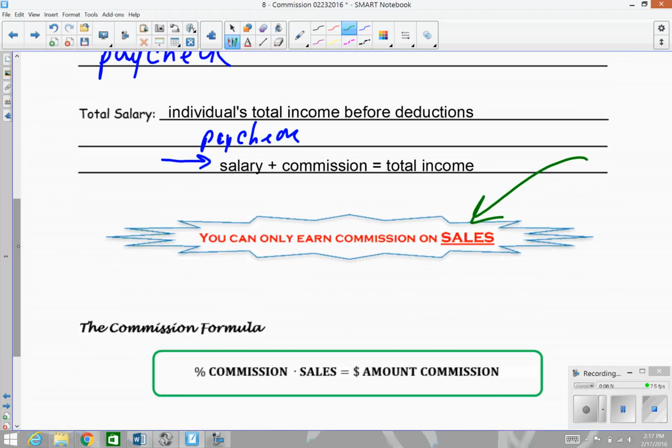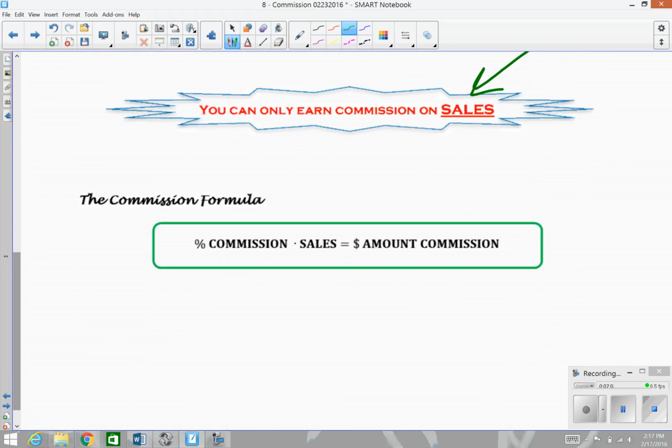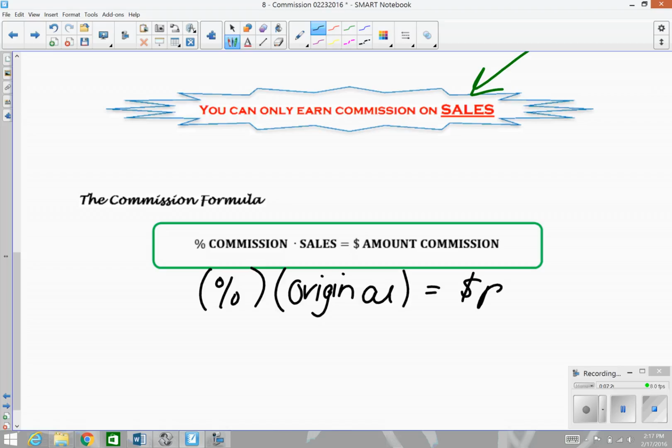So commission is totally linked with sales, and that makes the formula a little bit unique. If you take a look here, I'm hoping you see some similarities. We have percent times original equals part of your money.